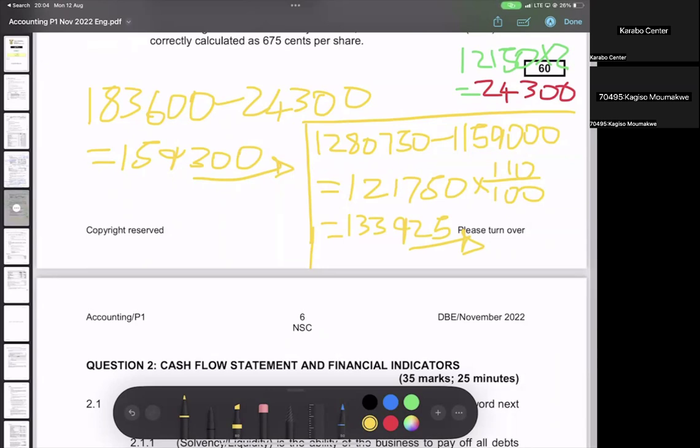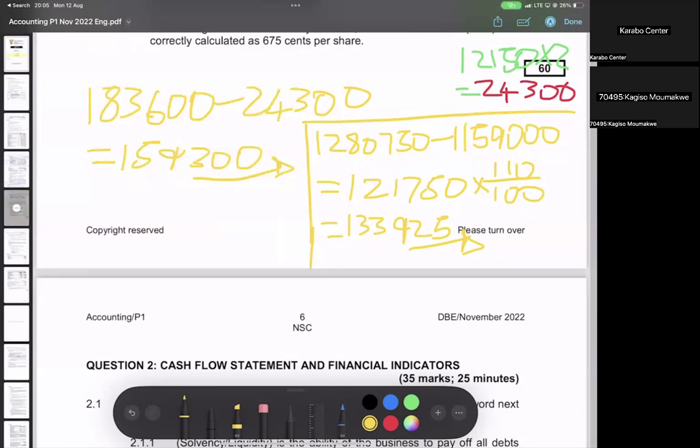Do you understand, Kagiso? So the 133,925 is our current portion of the loan.